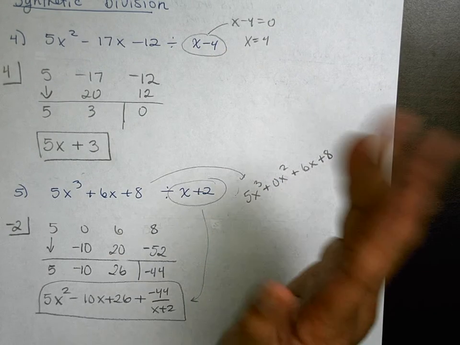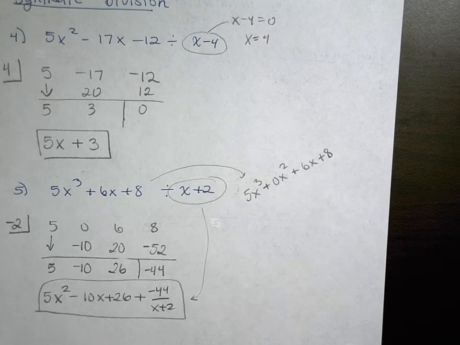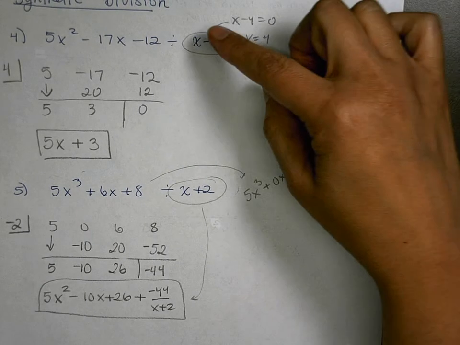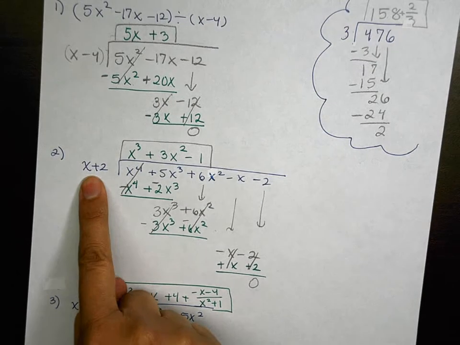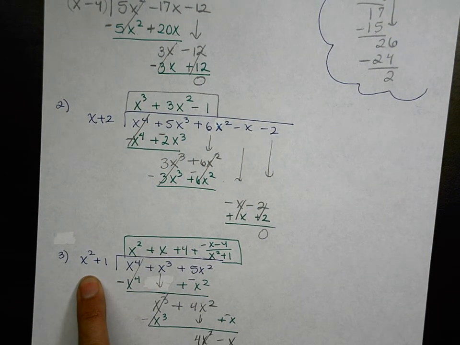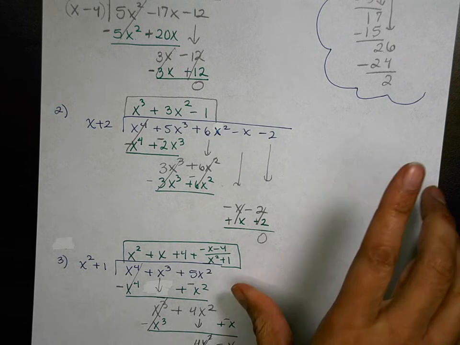It could only be binomials with x degrees of 1s: x plus 2, x minus 3, or x minus 1/2, but no x squareds or x cubes. These can only be x functions. So I couldn't use it. I could use it on that one and that one, but not that one. Make sense? That was a good question. Did you guys all hear her question and the answer? Yes. Yes, you may. All right, any others?